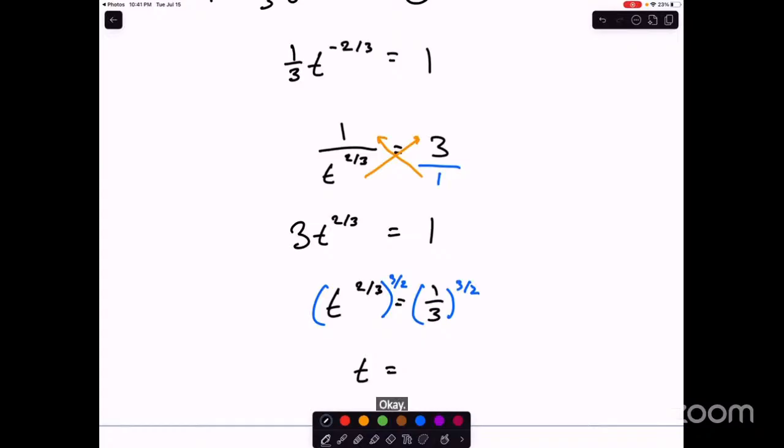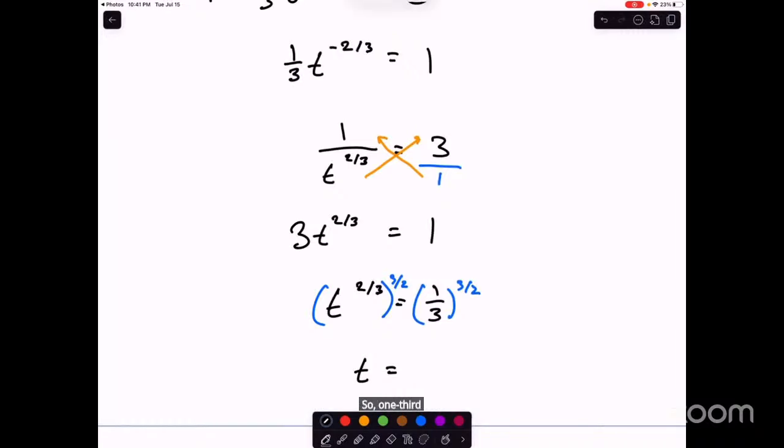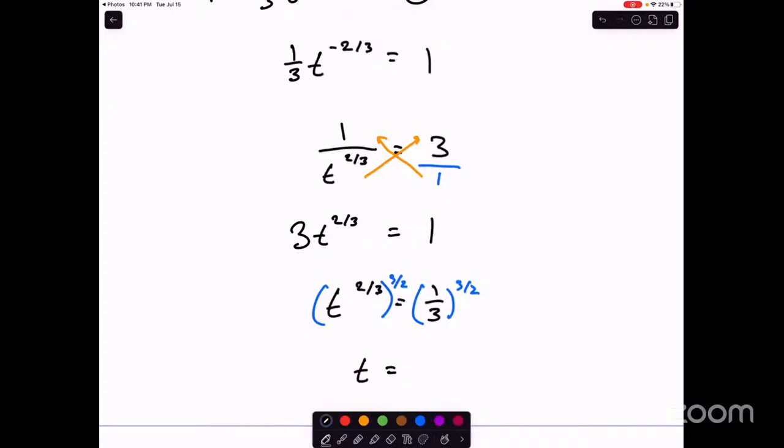Okay, so that's 1/3 to the power of 3/2, right? So 1/3 cubed is 27, and the square root of 27 is 9 times the square root of 3?